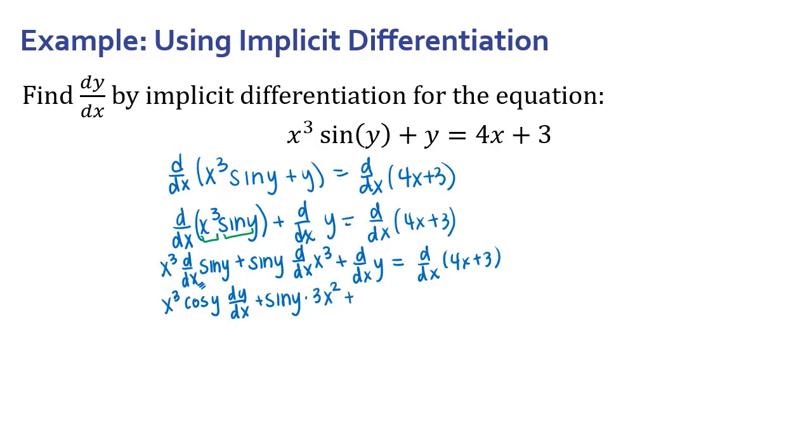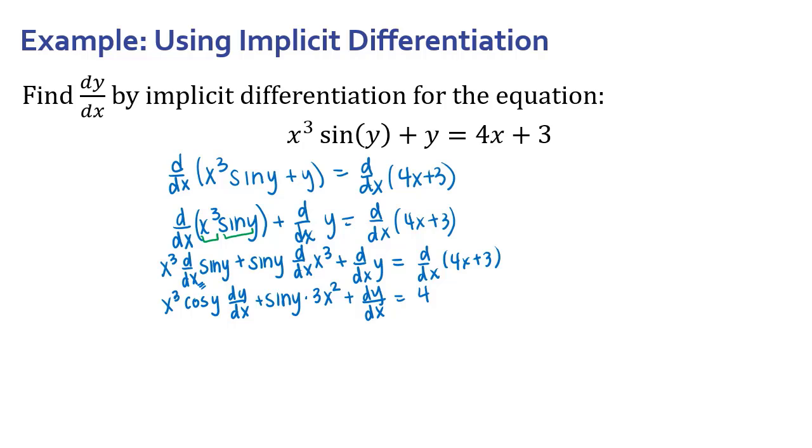The derivative of y with respect to x is, the outside function y, if I take that derivative, I'm going to get 1, and then times dy dx. So that equals 4. Okay, so our entire goal is to solve for this dy dx.